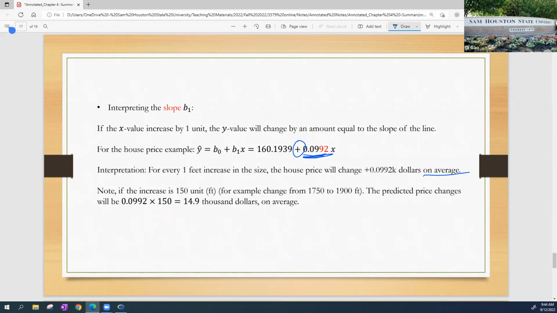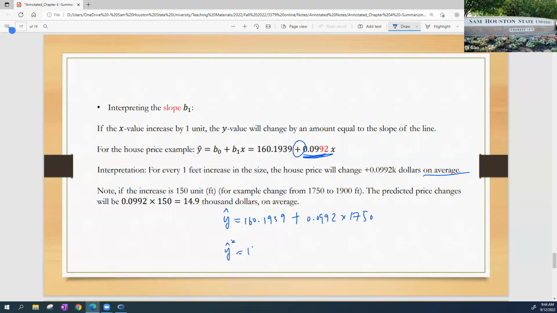Okay, so let's look at this one. We have y hat and y hat star. For example, y hat is 160.1939 plus 0.0992 times 1750.